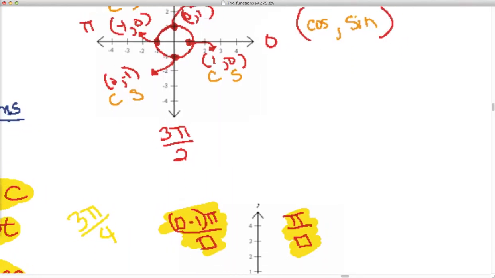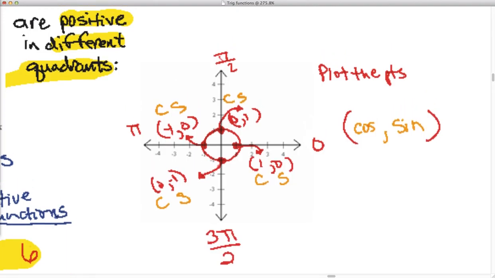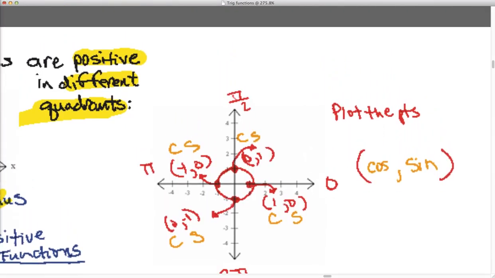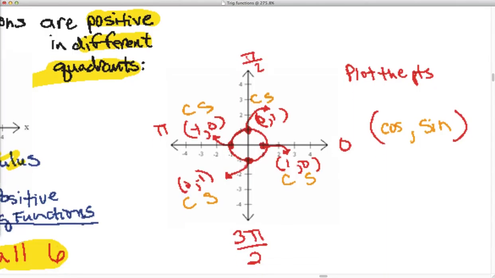But if you remember, sine and cosine functions oscillate between 1 and negative 1. So if we look at the unit circle, we can come up with the main angles on the axes pretty easily. The way you do it is you just plot a point on the unit circle going 1 in each direction, and the first one is going to be cosine and the second one is going to be sine.